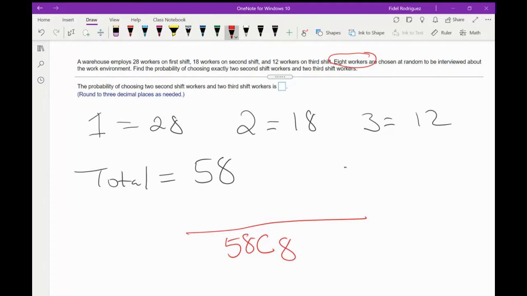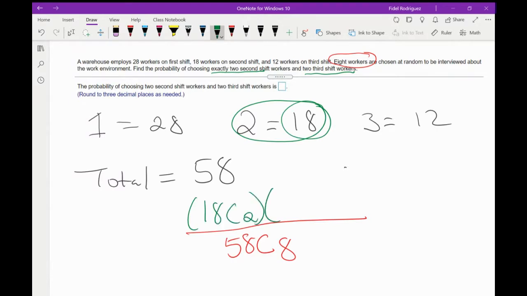The question says, find the probability of choosing exactly 2 second shift and 2 third shift workers. From the second shift, we have 18, and we're going to choose 2.